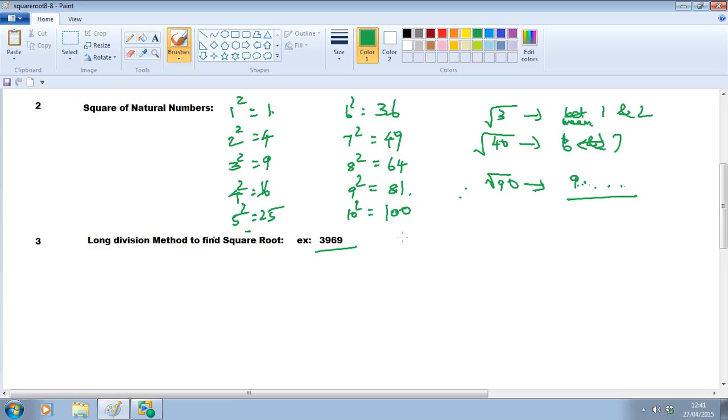So long division method works like this. Suppose it is divisible by 9, which is 3 square. If you divide by 9, 4 nines are 36, and we get 441.